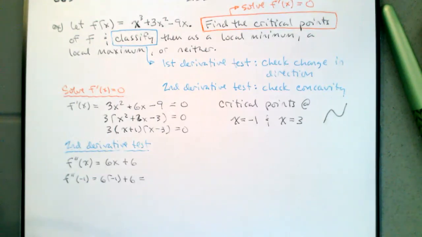I should not be getting 0 for the second derivative at -1. All right. What did I do? What am I not seeing?